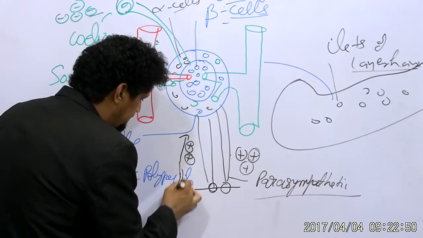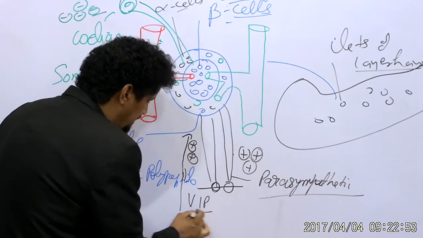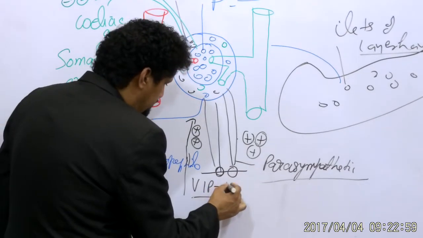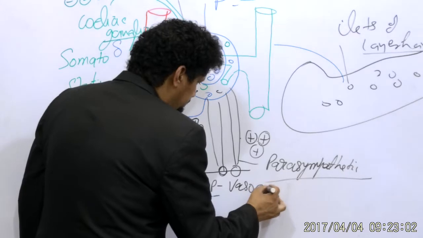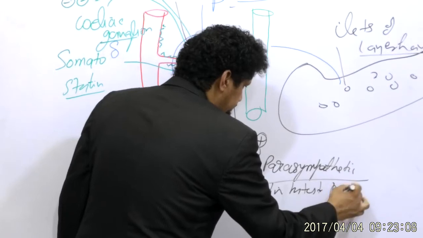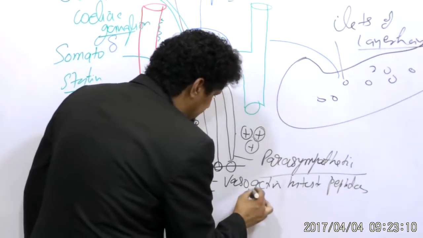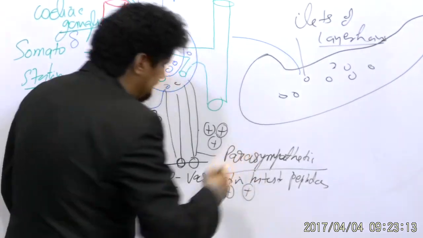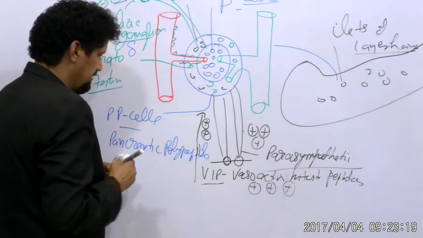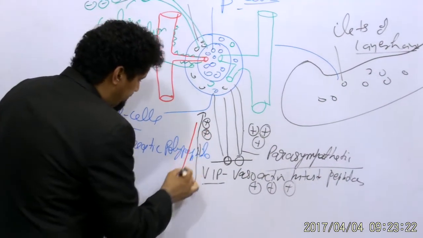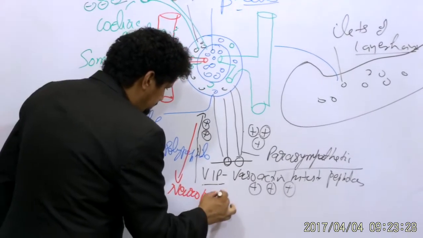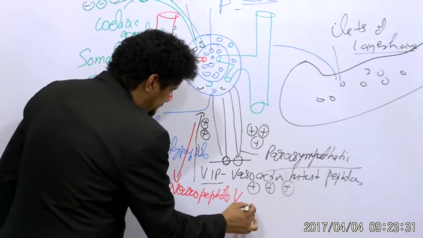It is also having some postganglionic neurons which are secreting VIP, vasoactive intestinal polypeptide. This is excitatory for the insulin and increasing the secretion of the insulin, and it is also having neuropeptide Y or neuropeptide gamma.